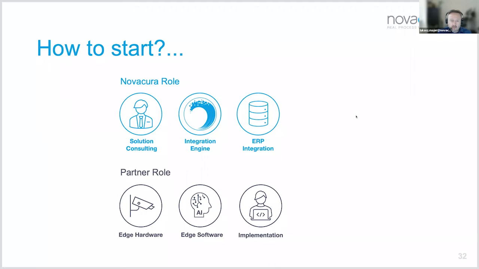We provide an integration engine, Novacura Flow, and we can easily integrate it with an ERP system, which is very important, I think, because if this information is integrated, you can count all the statistics, but also make immediate decisions.